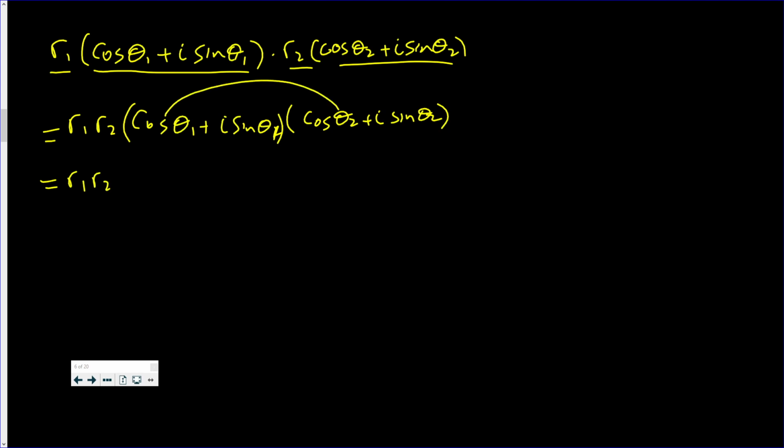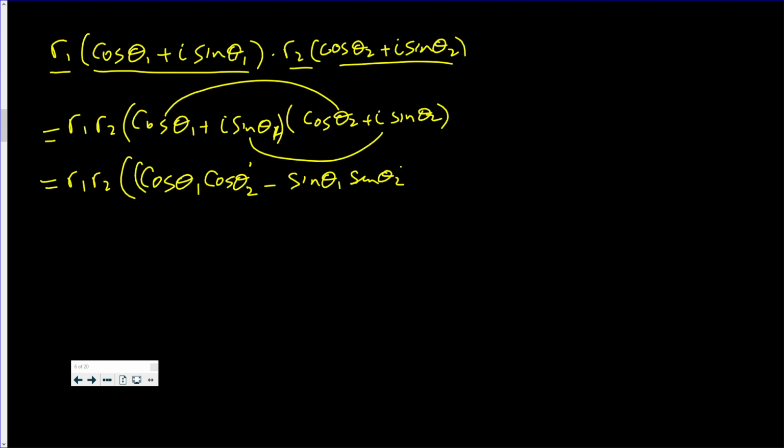Cosine theta 1 times cosine theta 2 is just what I said. Now let's get the real part. Multiply those two, you get i times i, which is -1, times sine theta 1 sine theta 2.